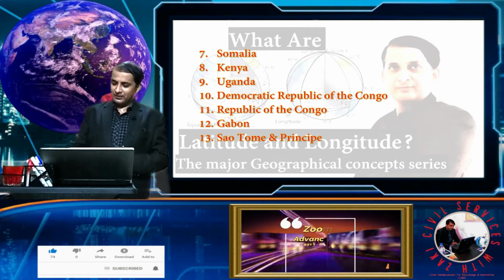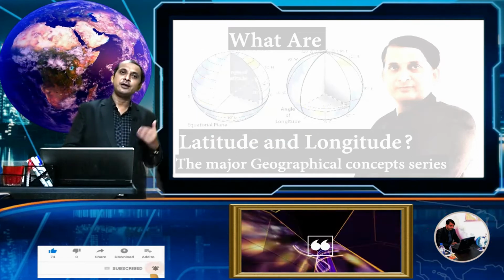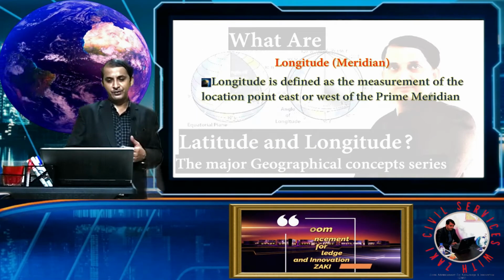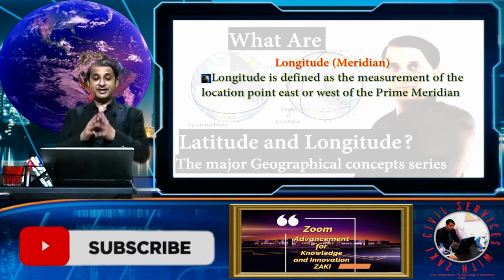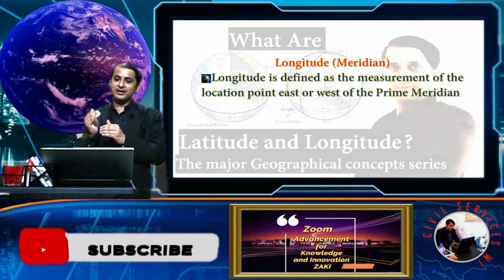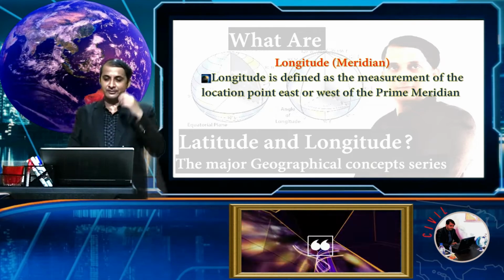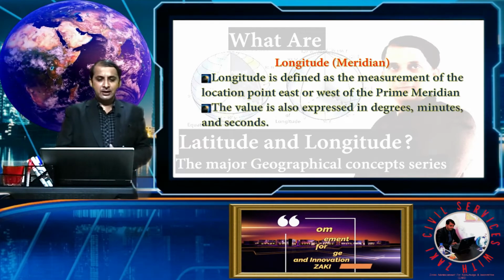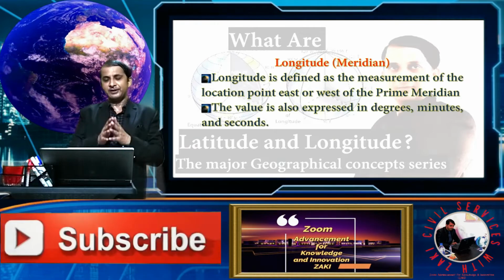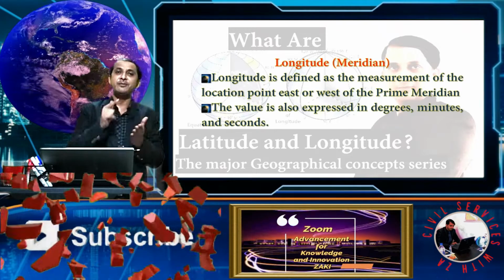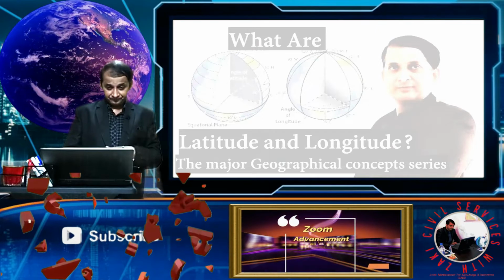So we move forward and see the longitude. What is longitude? Longitude, also called meridian, is basically defined as the measurement of the location east or west from the prime meridian. The value is expressed in degrees, minutes, and seconds.